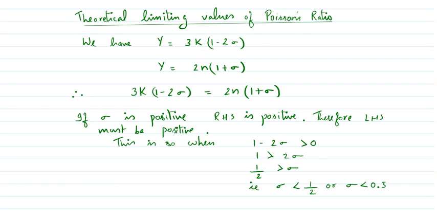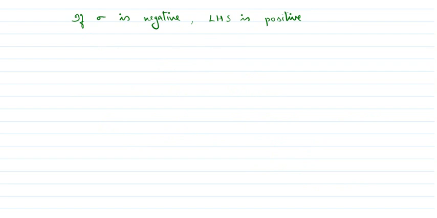Next, what will happen if sigma is negative? On the other hand, if sigma is negative, you can see in the above equation 3k into 1 minus 2 sigma, this term will become positive. So the left hand side is positive. That means the right hand side must be positive.